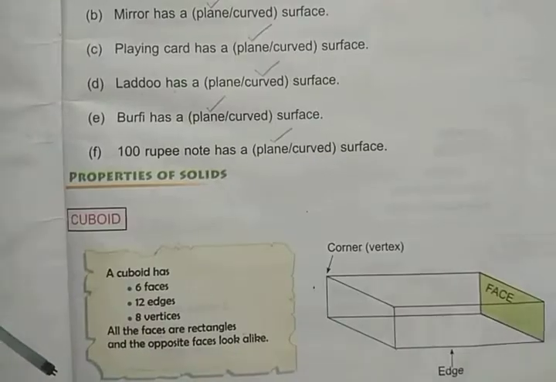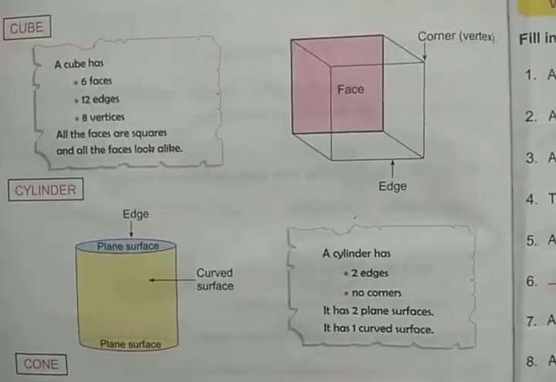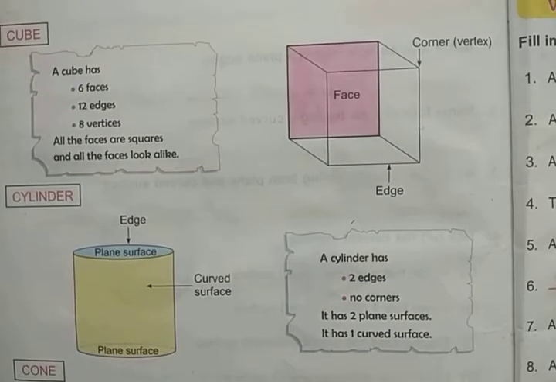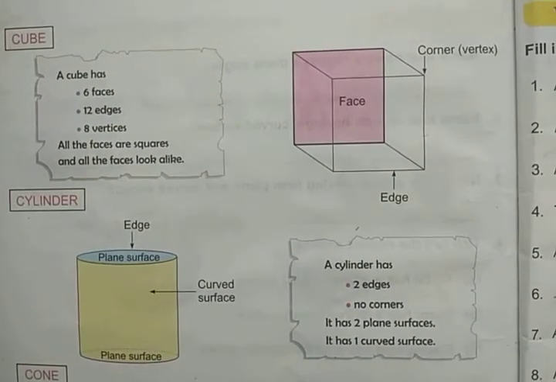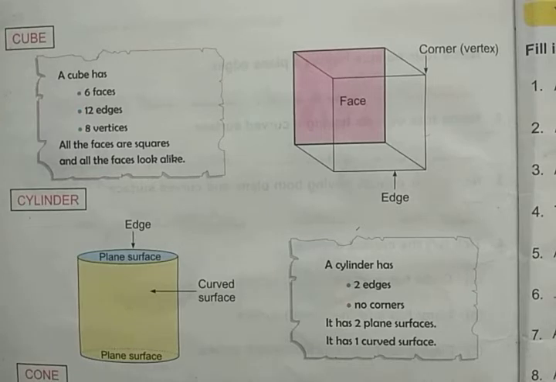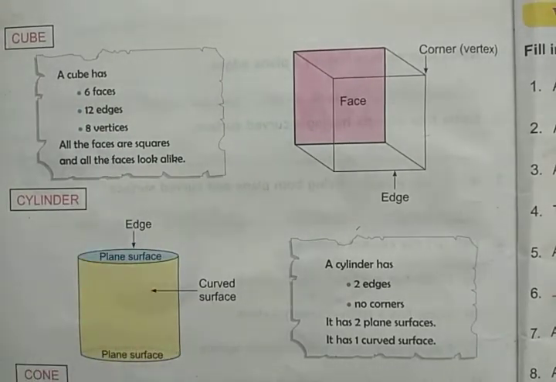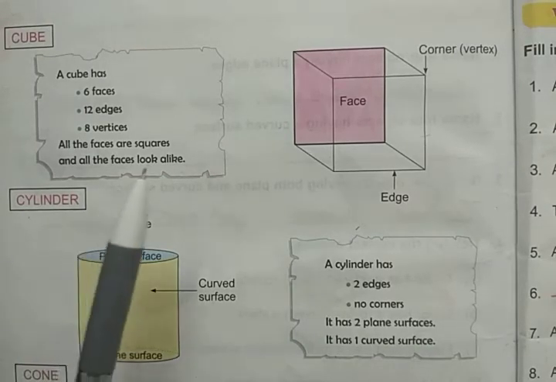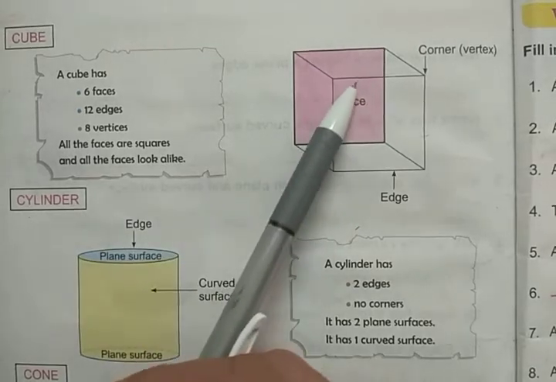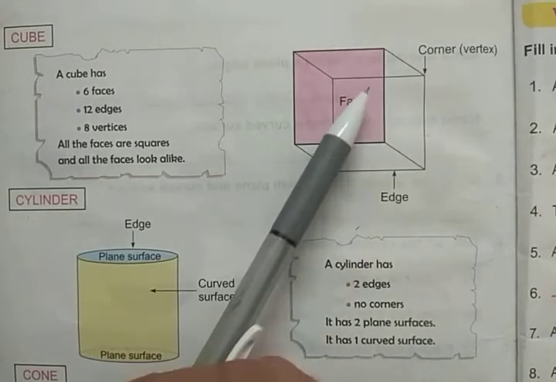Now if we talk about the cube, the cube also has the same number of faces, edges and vertices. Cube also has 6 faces, 12 edges and 8 vertices. The only difference between a cube and a cuboid is that all the faces are square. How are all its faces? Square.